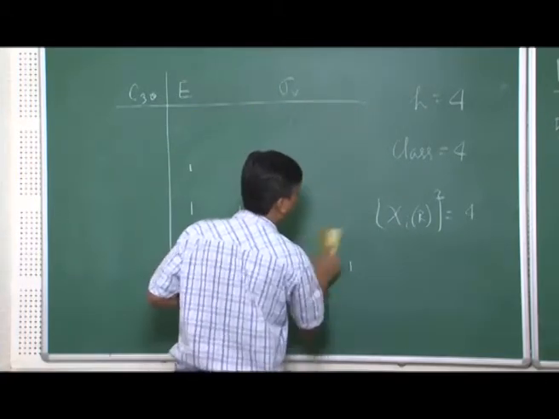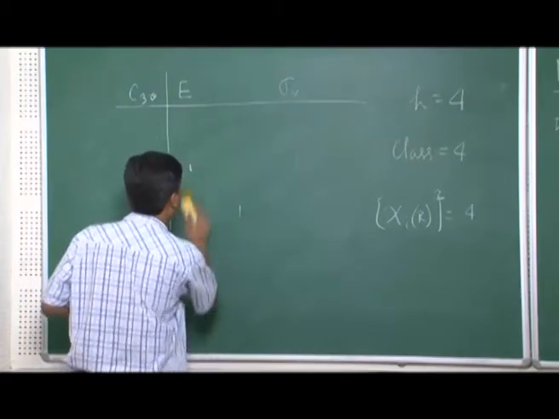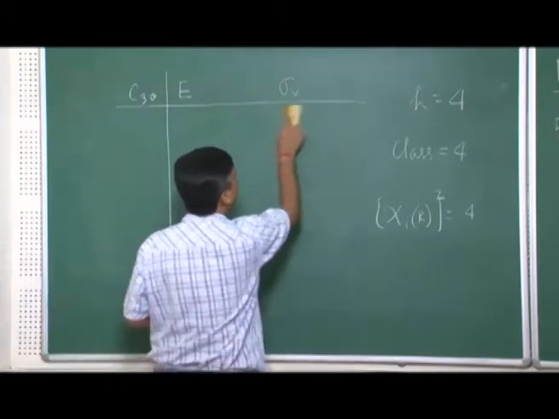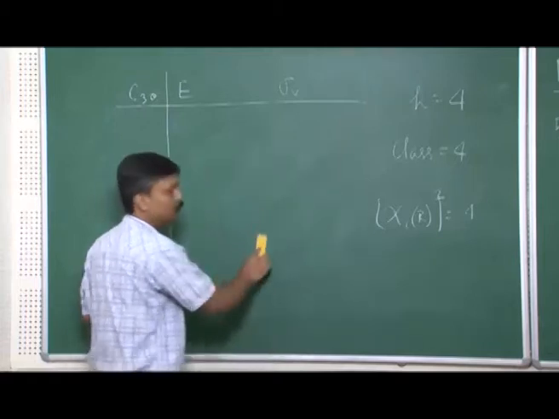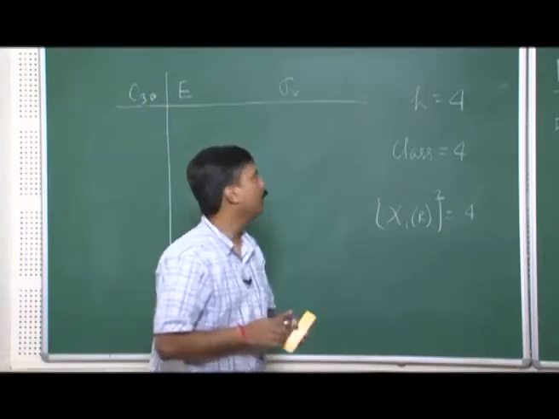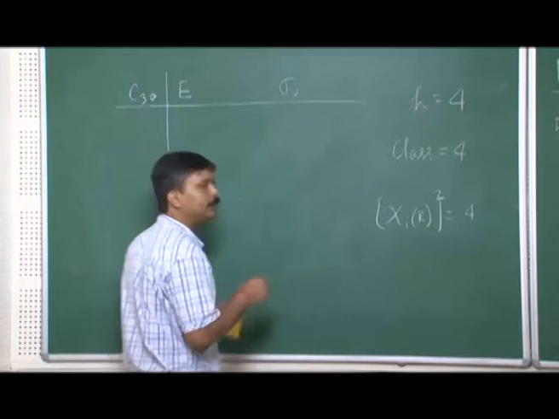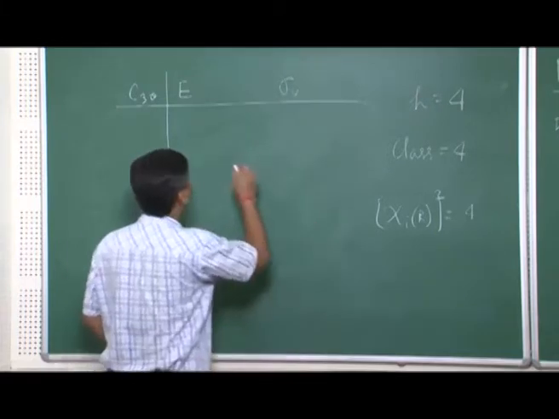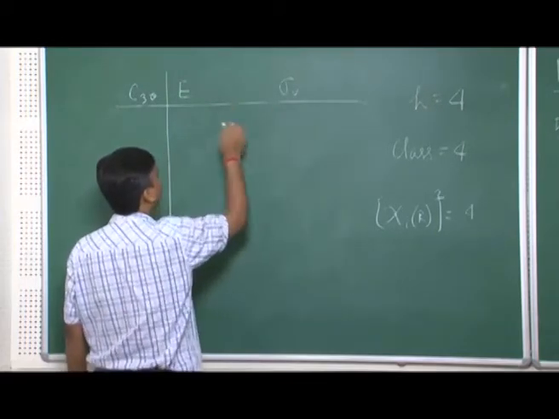How many symmetry operations does C3V have? It has a total of 6 symmetry operations, 2 C3 and 3 sigma V's, and of course the identity.